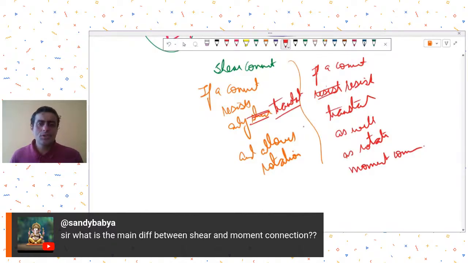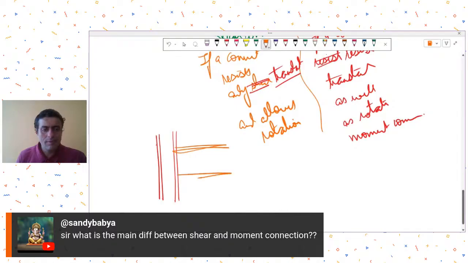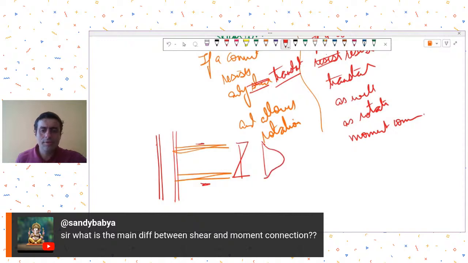So this may be understood better for steel members. Let's say you have a column, I'm showing you the elevation view, and this is your beam. Both are I sections that we have taken. Generally, in I sections, the moments are transferred by the flanges, because this is how the stress distribution in flanges looks, and shear is mainly transferred by the webs, because this is the shear stress distribution across the cross section.